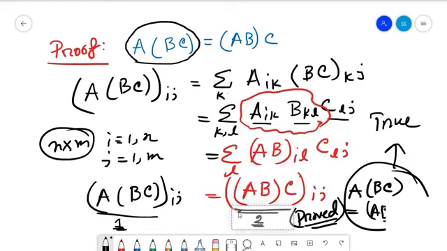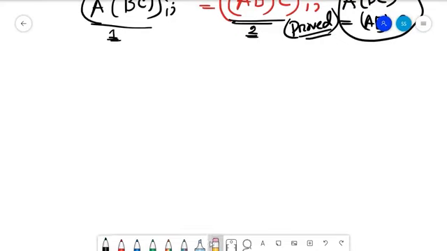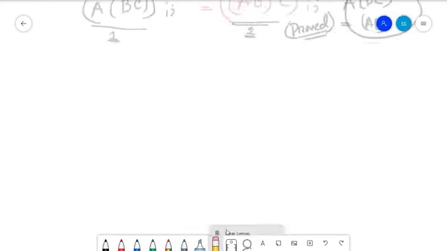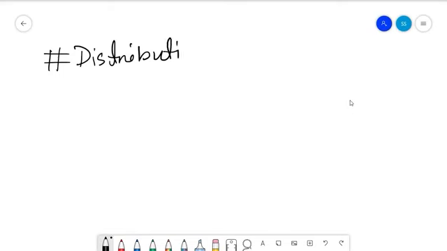Now what we want to talk about is the distributive properties. Okay, let me erase that. So now we want to talk about the distributive property of matrix multiplication.